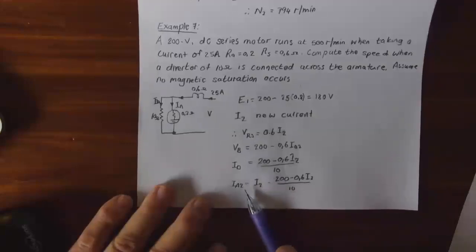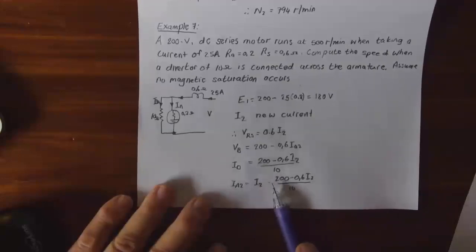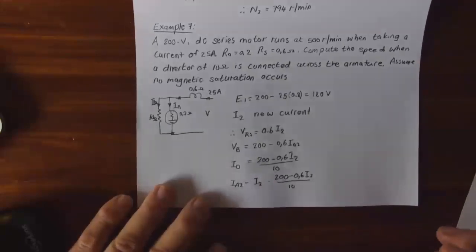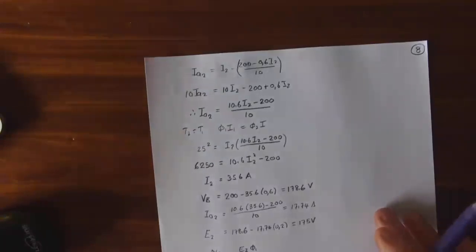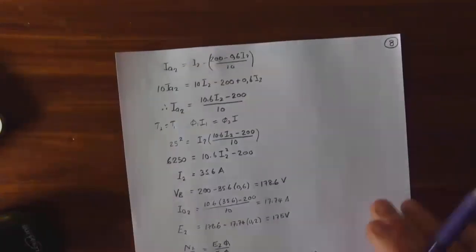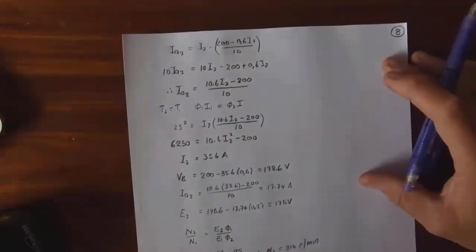And then we have IA2 is I2 minus the diverter current, 200 minus 0.6 I2 divided by 10.